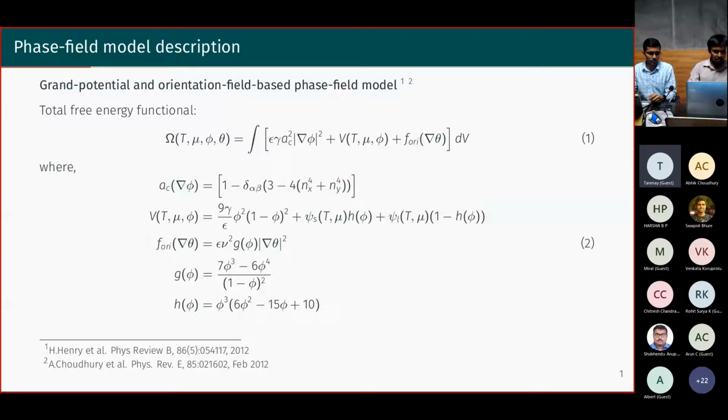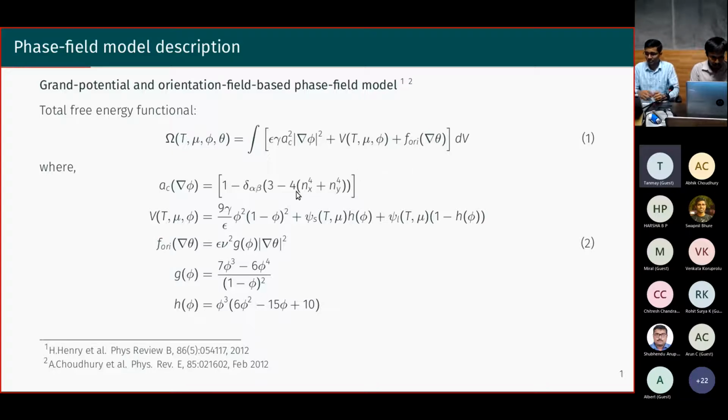Yes, sure. Okay. So this is the grand potential model which Professor Ravik just discussed in his presentation, and for multi-grain simulation we have further modifications here, which include the grain orientation term, this f orientation of theta. This function incorporates the orientation field.